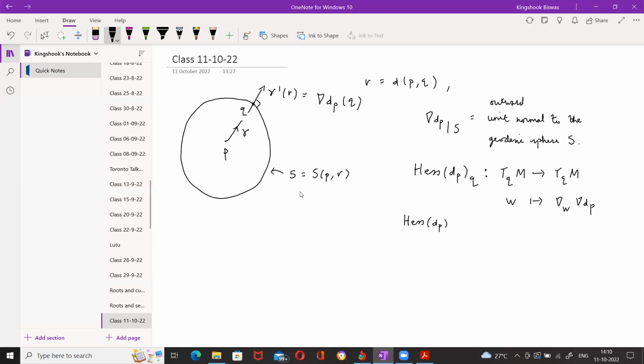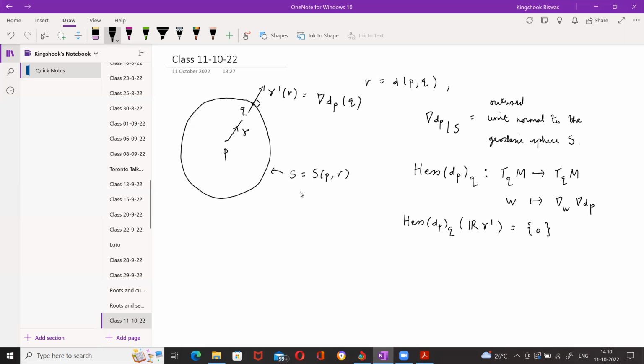So the Hessian of d_P at Q maps R gamma prime to 0. But this is a self-adjoint linear map, so it maps the orthogonal complement of gamma prime to the orthogonal complement of gamma prime. This is just linear algebra: if a self-adjoint linear map T sends a subspace V into itself, then T of V perp is contained in V perp.